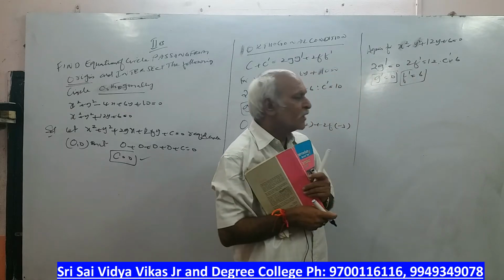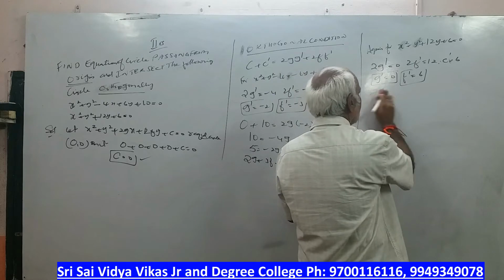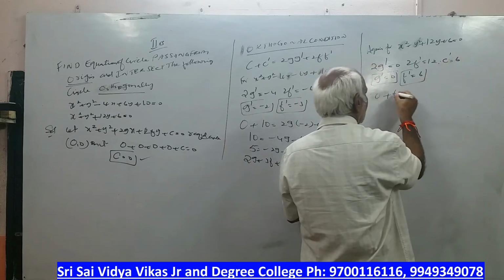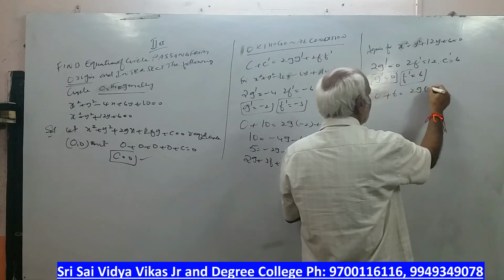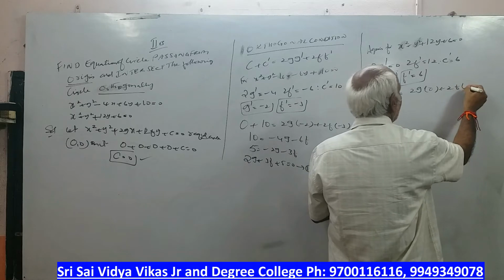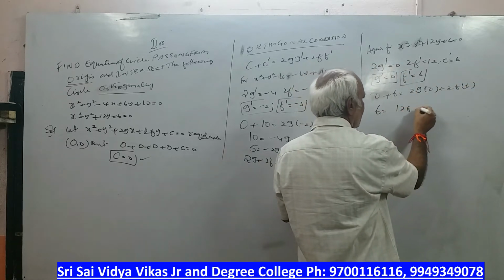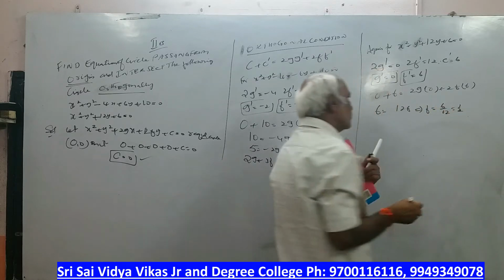You got g dash and f dash. So c value 0, c dash is equal to how much we got? 6 is equal to 2 into g value into g dash, which is 0, plus 2 into f into f dash, which is 6. Therefore 6 is equal to 12f. So f is equal to 6 by 12, 1 by 2. So you got the f value.